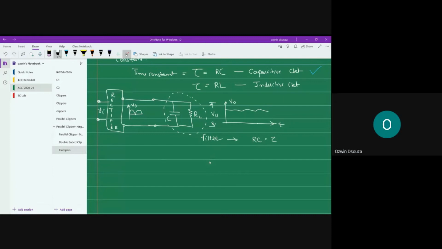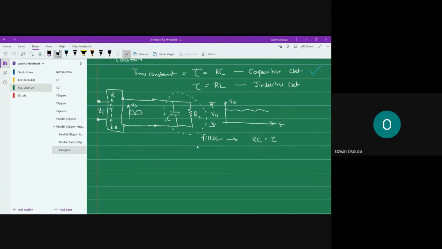Now, why is the product R and C called the time constant? That's because the values of R and C determine how quickly the capacitor is going to lose its charge, or how slowly it is going to lose its charge.